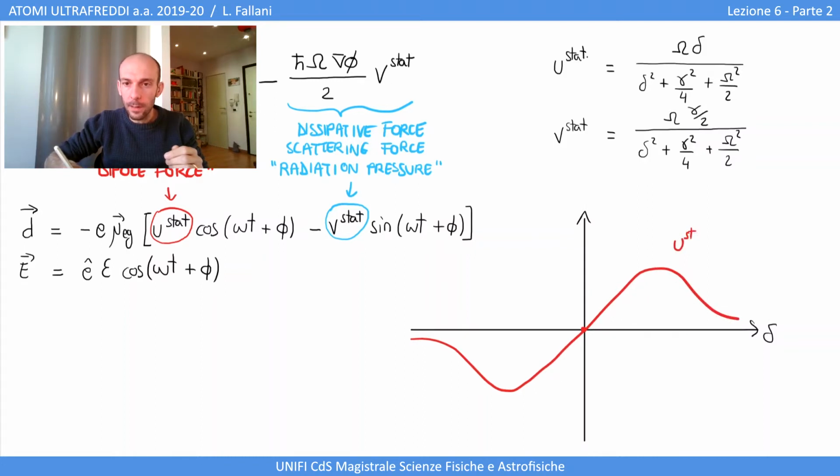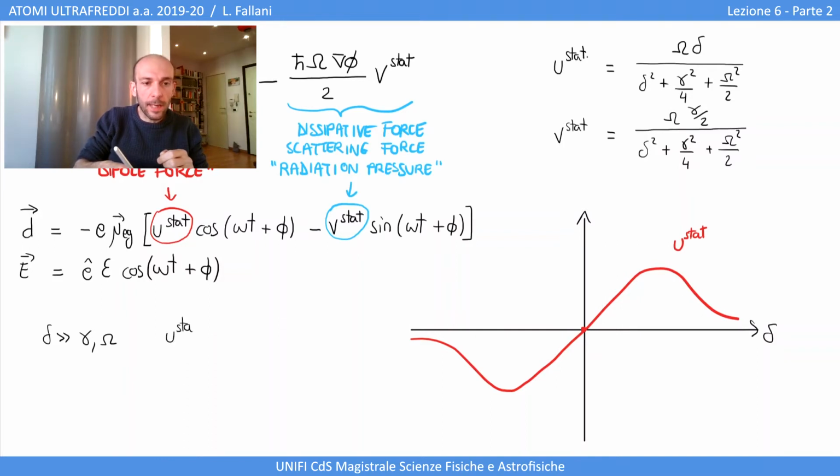So this is stationary u. In particular, we can observe that at large detuning, so when delta is much larger than omega and gamma, u stationary goes to 0 as 1 over delta. And so this is the behavior of these large detuning tails.